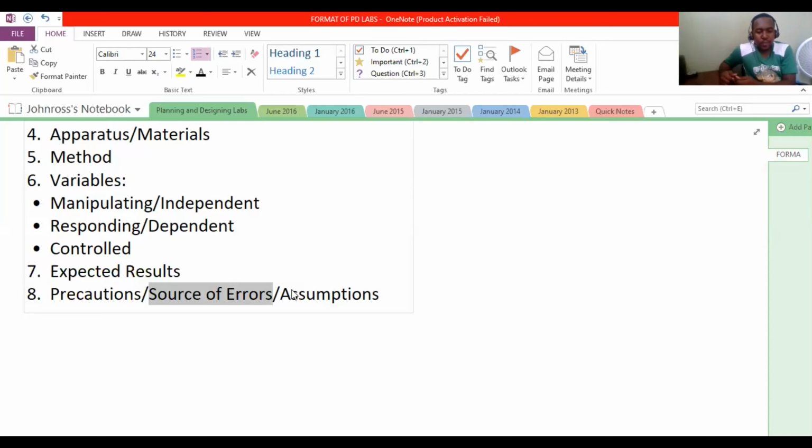Now, an assumption could be that your table salt is of the same makeup, meaning that it's only that concentration of salt that is present in your container, right? That's an assumption. But in reality, it can be that you use different brands of table salt in your container. So you have a container that probably has 3 different types of table salt that will change the concentration.